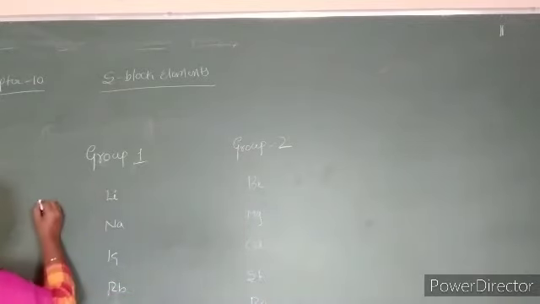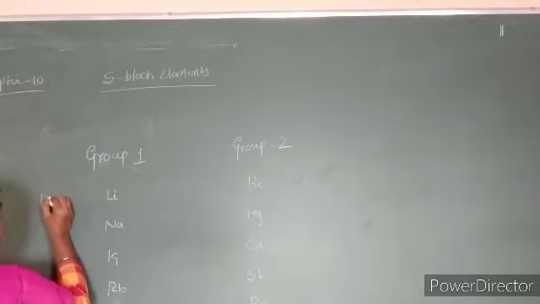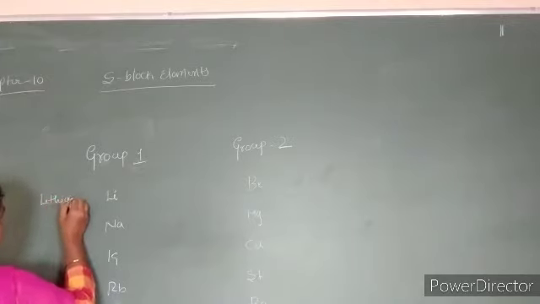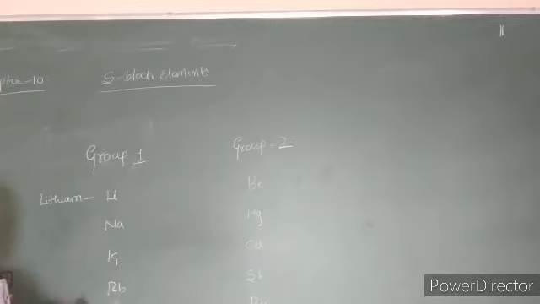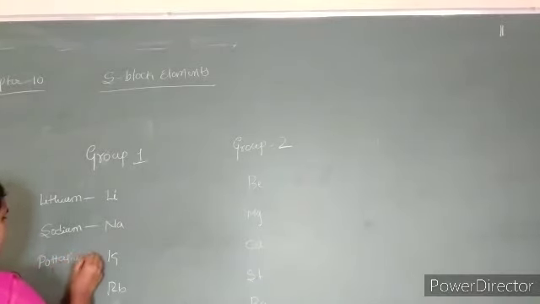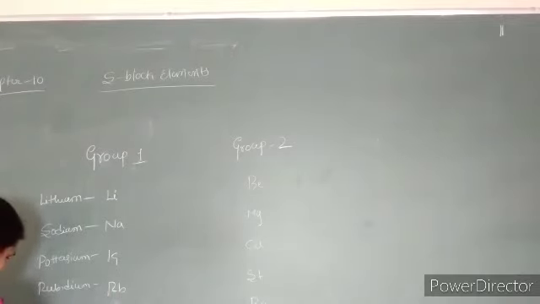So lithium is symbolized as Li, sodium Na, potassium K, rubidium Rb, cesium Cs, francium Fr.